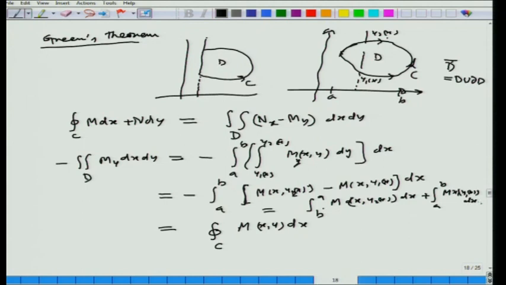The first term goes from b to a for the upper one, and overall this is the direction we have taken.